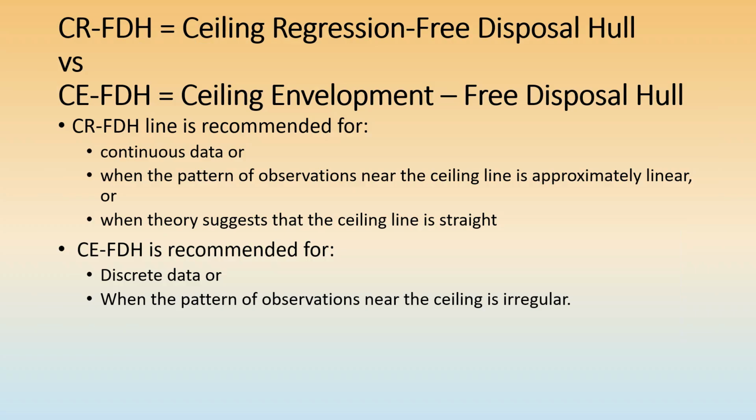Let's take a look at when CR-FDH is recommended. CR-FDH, or the ceiling regression free disposal hull line, is recommended for continuous data or when the pattern of observation near the ceiling line is approximately linear or when the theory suggests that the ceiling line is straight. CE-FDH is recommended for discrete data or when the pattern of observation near the ceiling line is irregular.